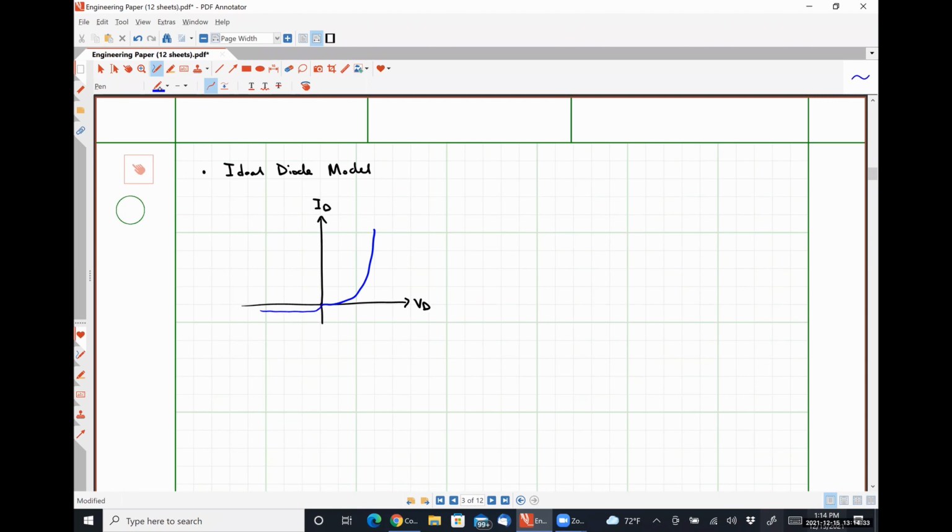Right? Our ideal diode model is going to look like this from a current voltage perspective.